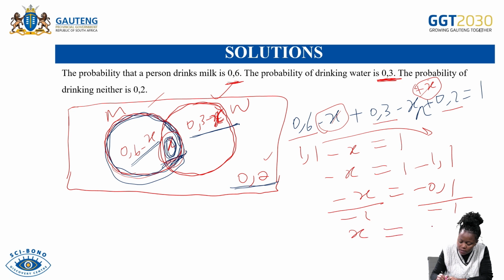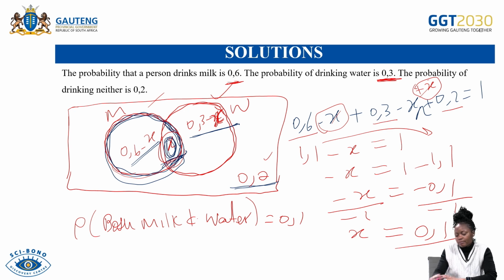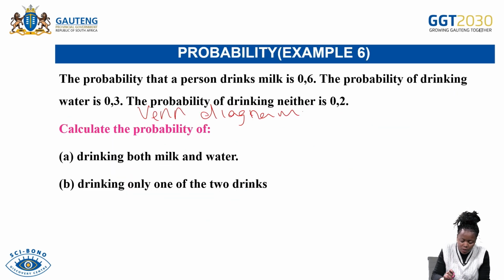So your x is equal to 0.1. So it means the probability of getting both milk and water is going to be 0.1. Then you are done. All right? And then you move to the second question. You get your full marks there.